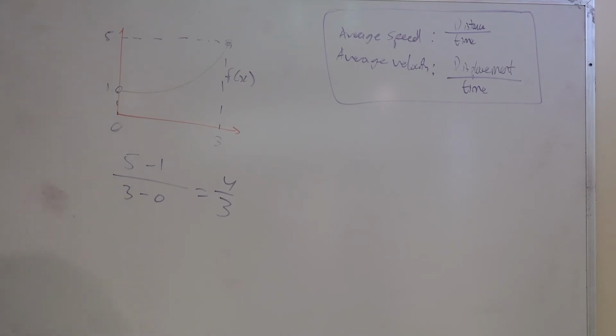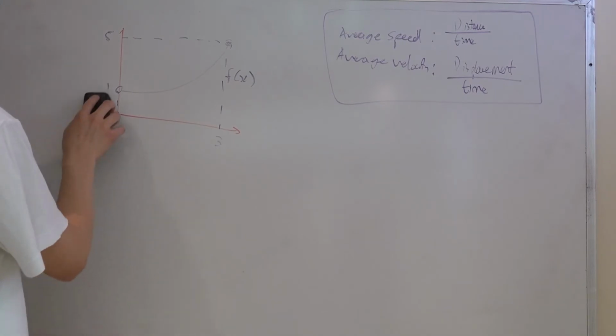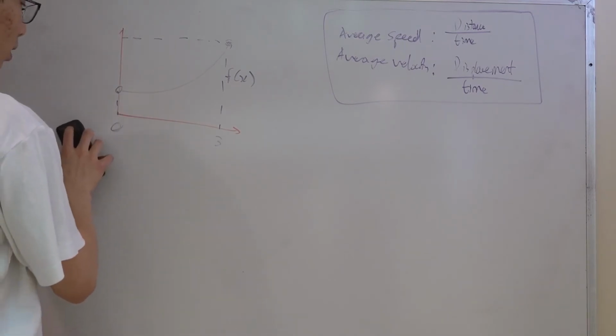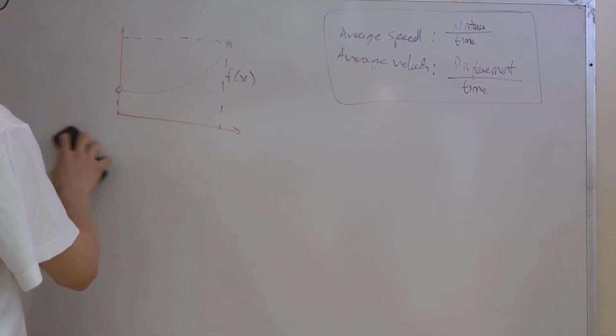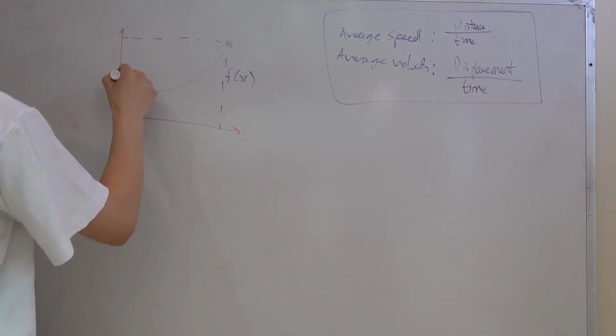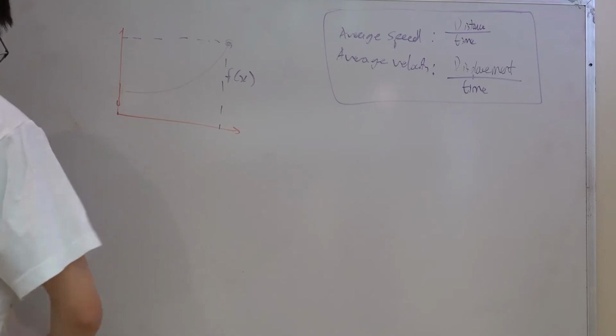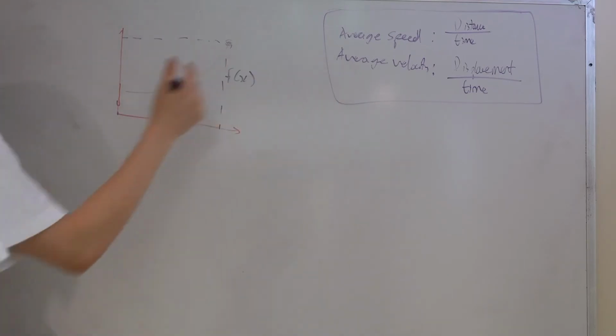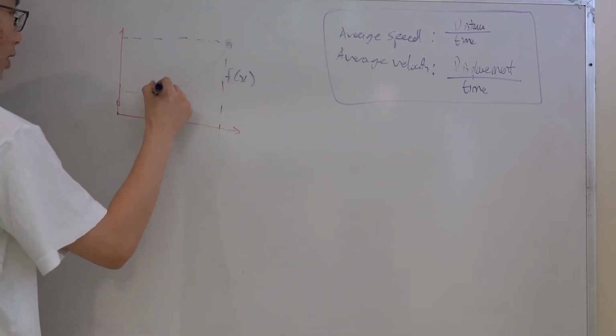Alright, so now, what can I do with this? I can remove all the numbers and just give you a general idea of what happened. Let's say I wanted to change this, and I wanted to track my average velocity starting from here for some reason.